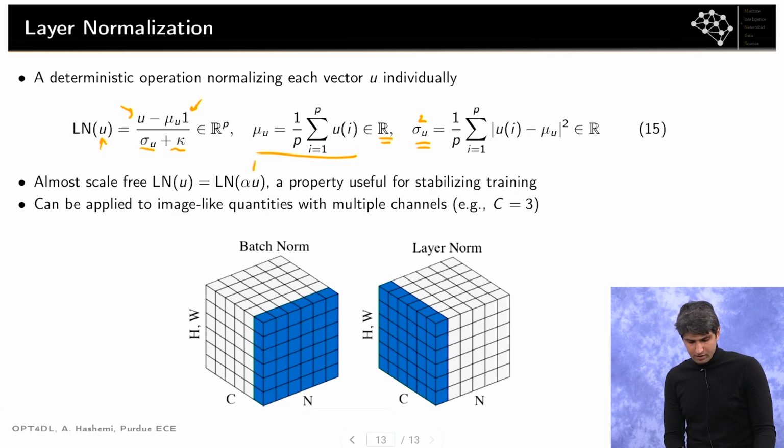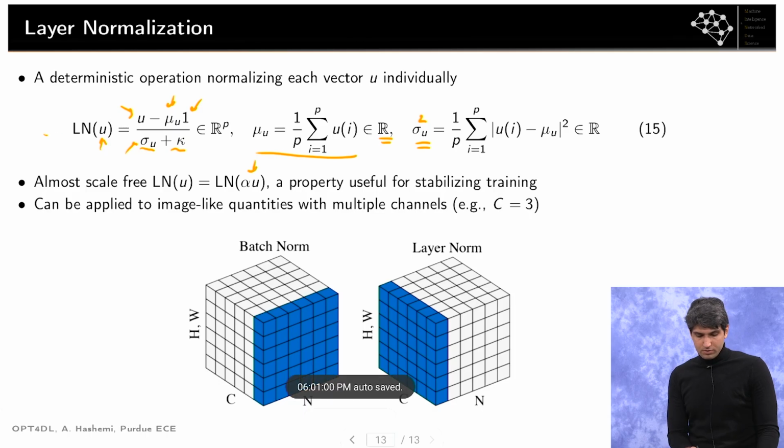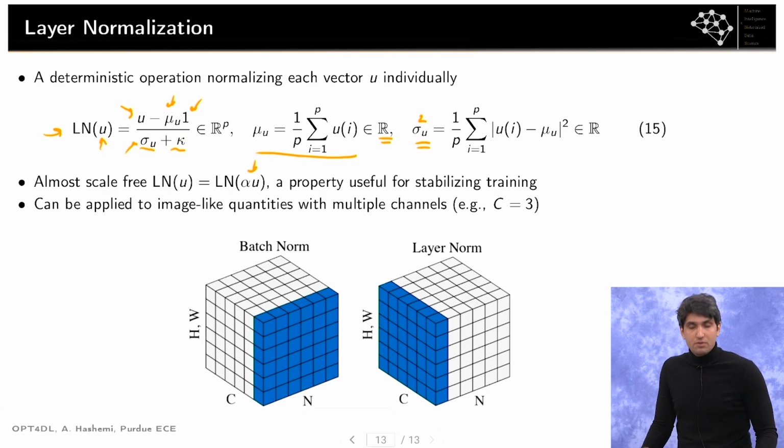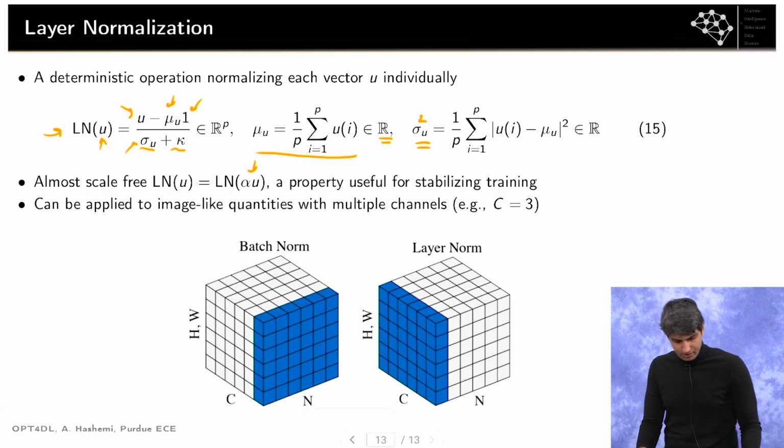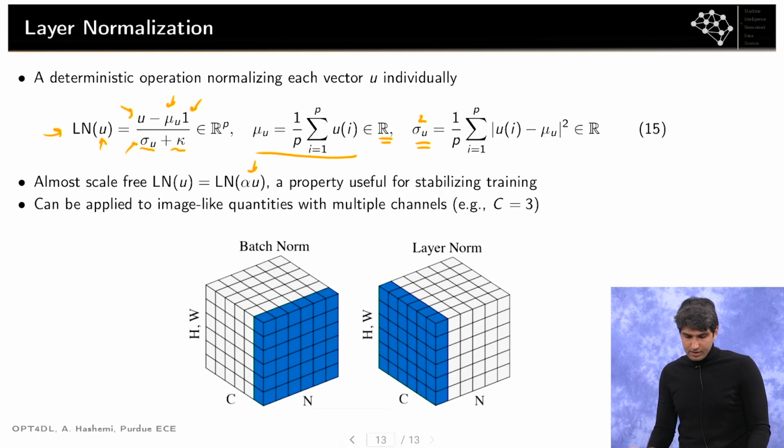Meaning that if I take my input u and multiply it by alpha, I'm basically also multiplying the mean and the standard deviation by alpha as well. So therefore, the output is not going to change. So it is very effective in making our operation scale-free, and it's a very useful property that could be attributed to stabilizing this training.